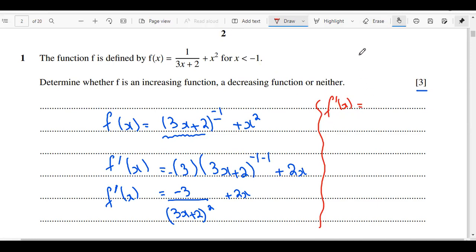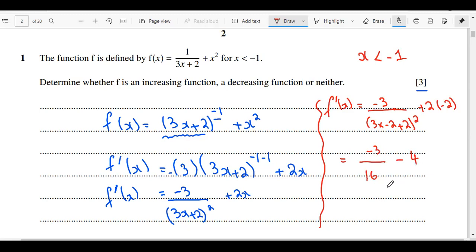Okay, let's see. X is less than minus 1, okay? Less than minus 1 means you can just pick up any number less than minus 1. Let's say we pick up minus 2. Minus 3 divided by 3 into minus 2 plus 2 squared, then plus 2 into minus 2. This would give you minus 3 over 16 minus 4.